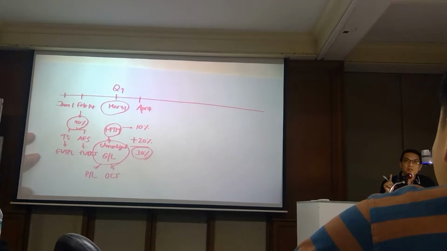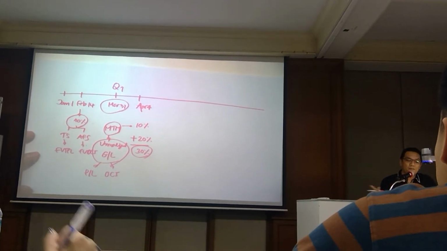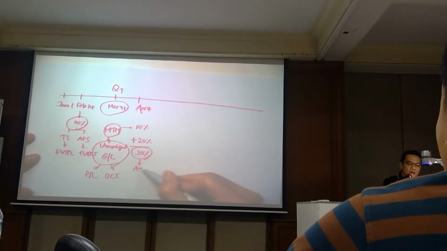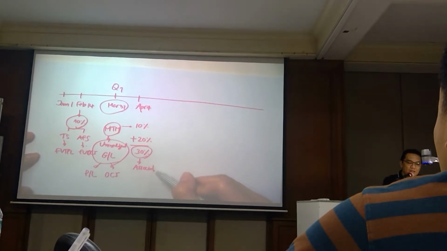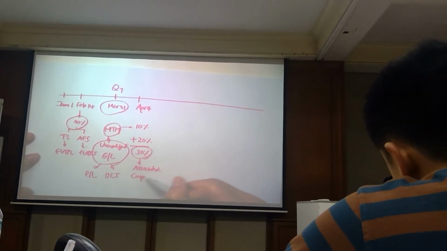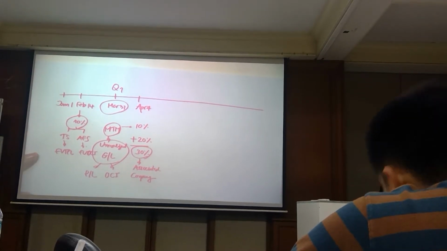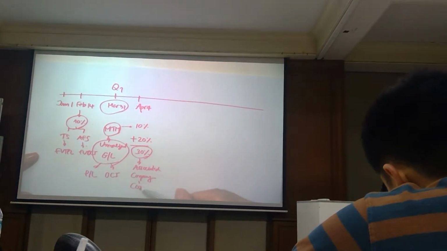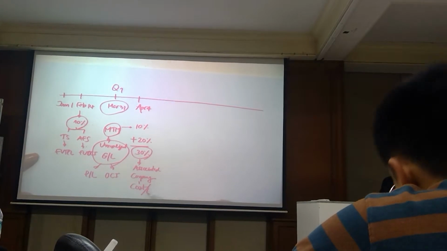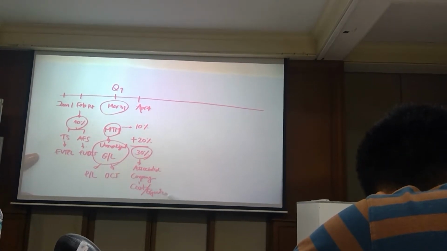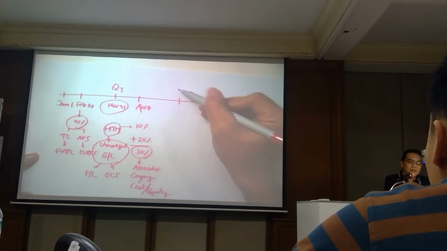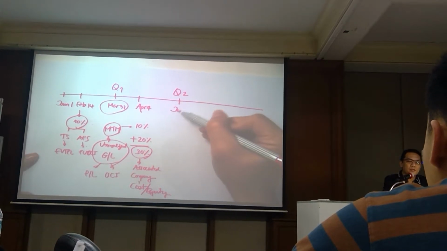The relationship between you and that company turns to be an associate company. And what accounting treatment applies? Cost or equity method.